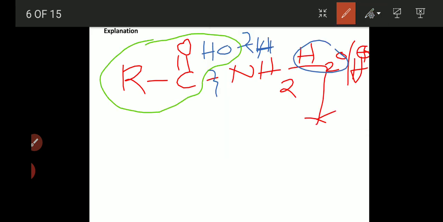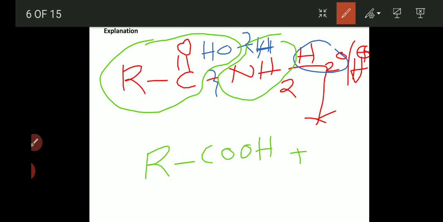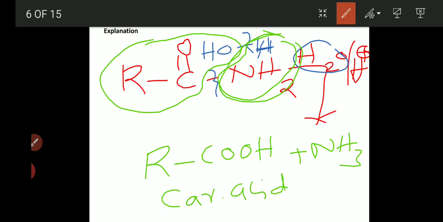This is a shortcut to remember. RCOOH and NH3. So what are the products? RCOOH plus NH3, that is nothing but carboxylic acid and ammonia. So this is the final product that we are getting.